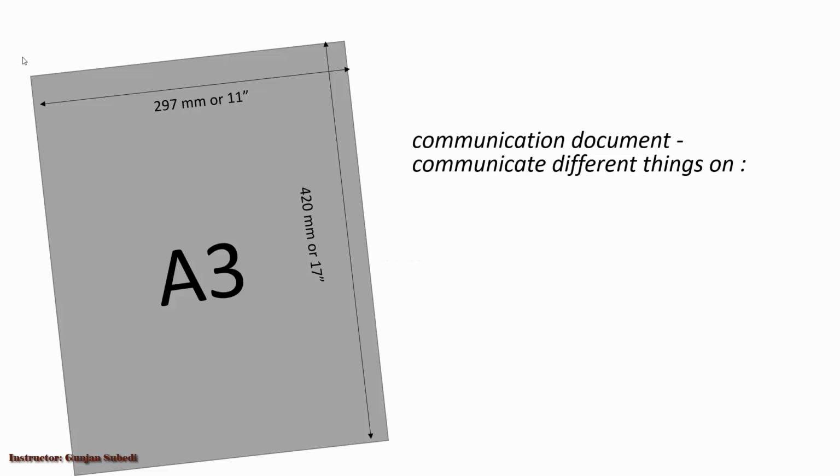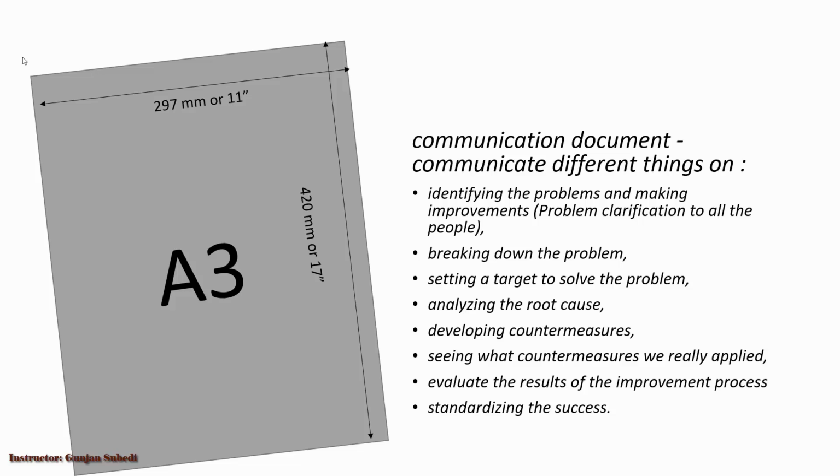A3 is actually a communication document that helps us to communicate different things on identifying the problems and making improvements: problem clarification, breaking down of the problem, setting a target to solve the problem, analyzing the root cause, developing the countermeasures, seeing what countermeasures we really applied, evaluating the results of the improved process, and then standardizing the process.